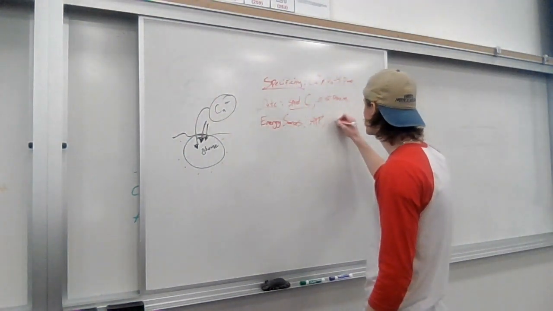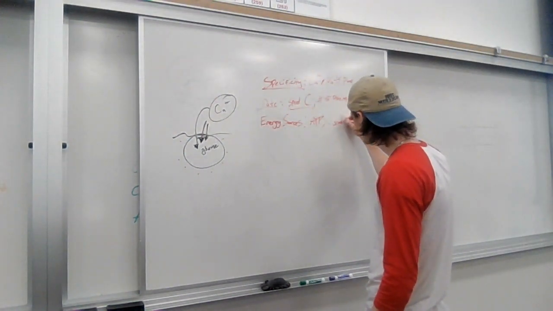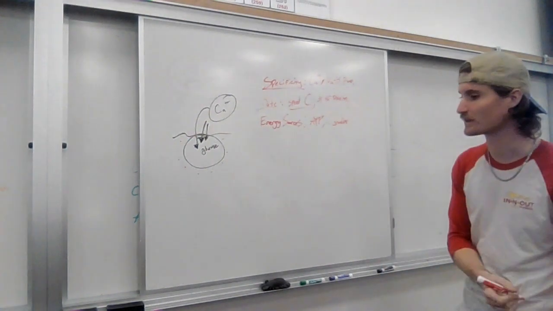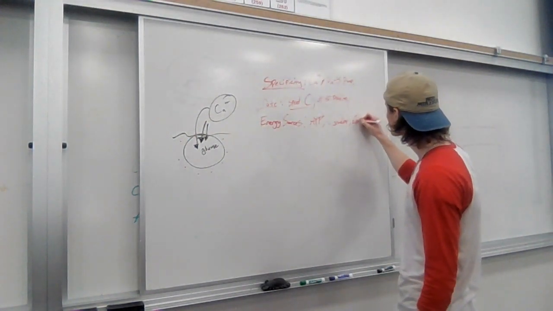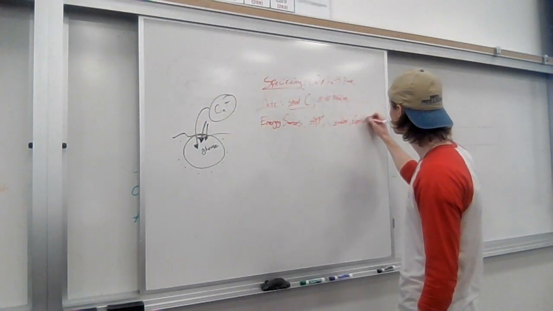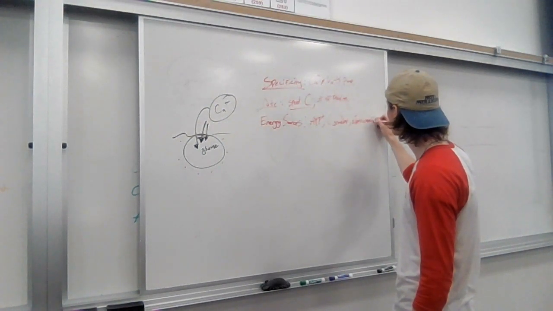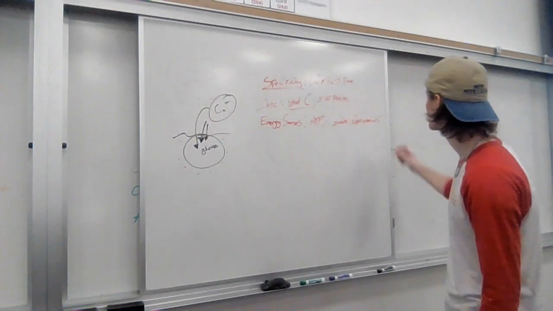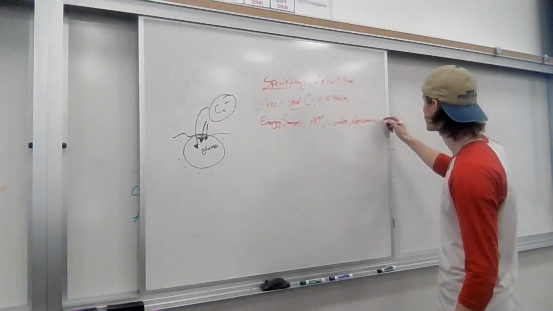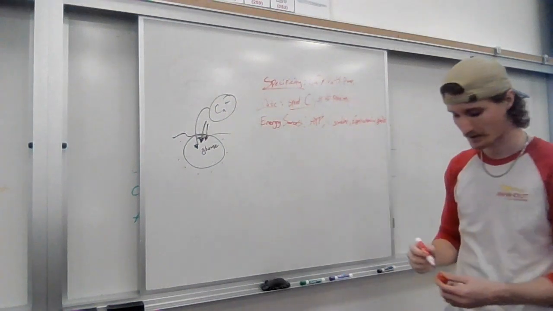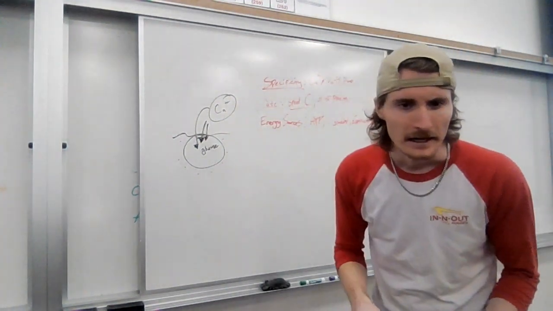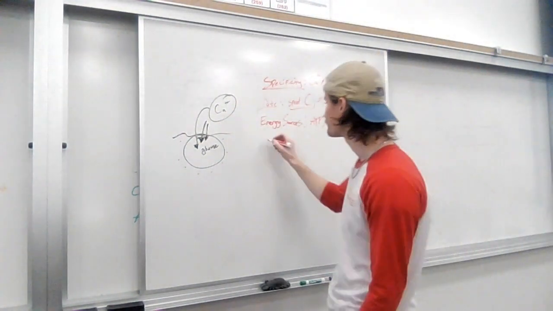The concentration gradient can be an energy source that pushes something along. Also the electrochemical gradient. That's not the concentration gradient. I'm running out of space. There we are. Competition.